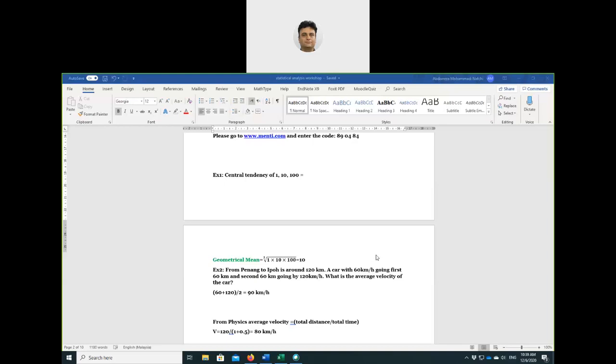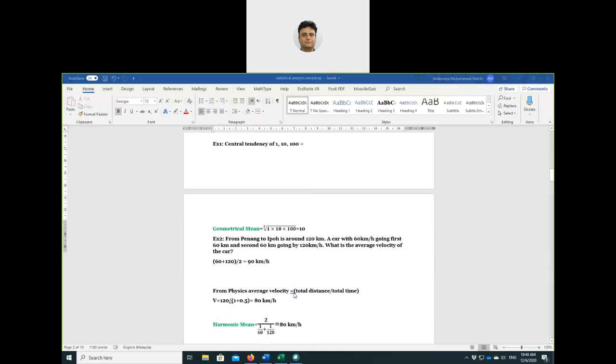If the measurement is based on a fixed rate, fixed time, or fixed distance, you are not allowed to use the arithmetic mean, where you sum up and divide by the number.